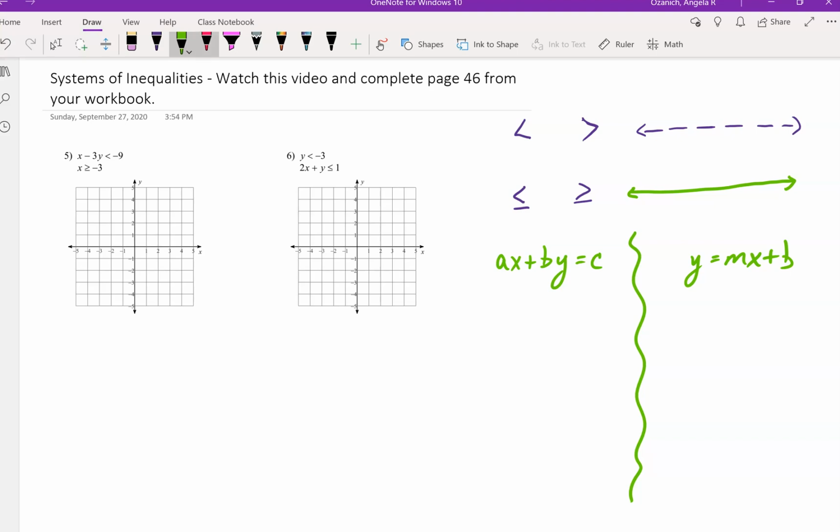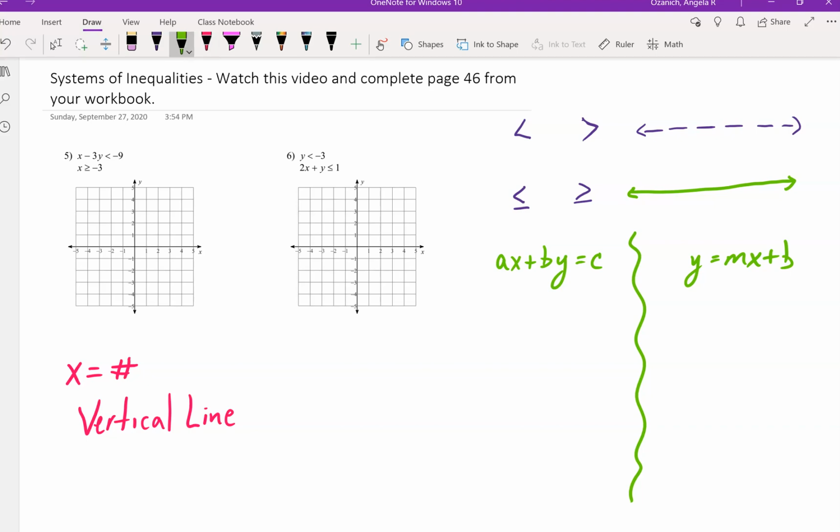The other thing we're going to take a look at and try to remember is that if we have x equals a number, that is going to be graphed as a vertical line that passes through the x-axis at that number.